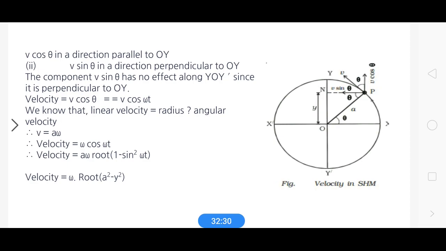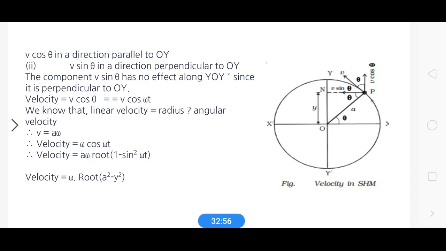There is a small mistake in this slide. The velocity is equal to A omega cos omega t. Here only omega cos omega t is written in the slide, but it is A omega cos omega t, and cos omega t is replaced as under root of 1 minus sin square omega t.